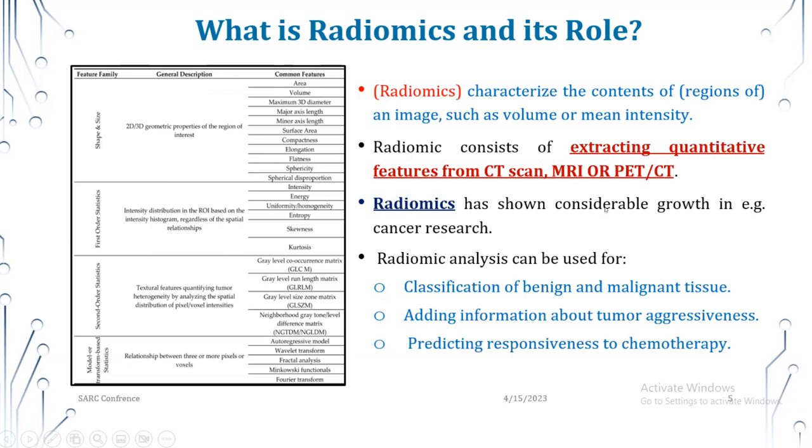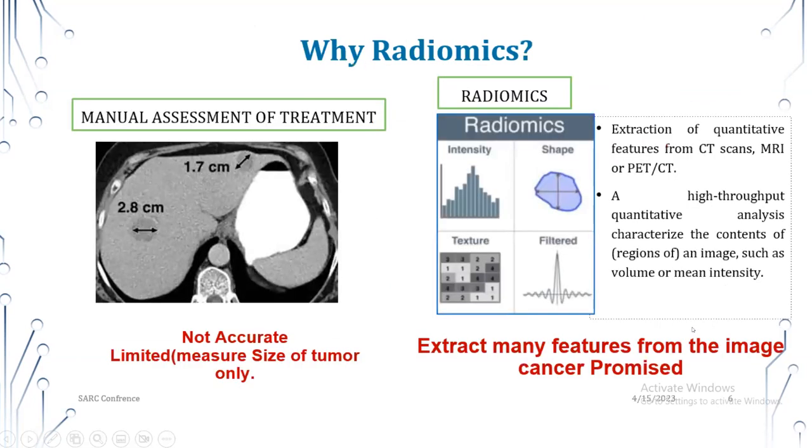Radiomics has shown considerable growth in cancer research nowadays, and it can be used for classification of benign and malignant tissue. Also, it can add information about tumor aggressiveness, and it can be used to predict responsiveness to chemotherapy.